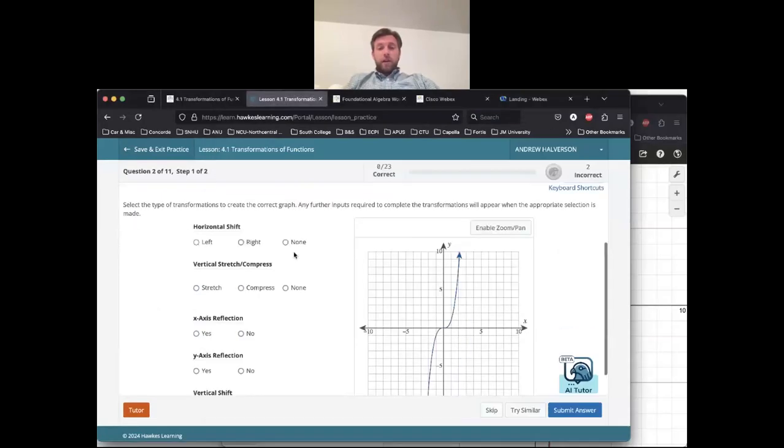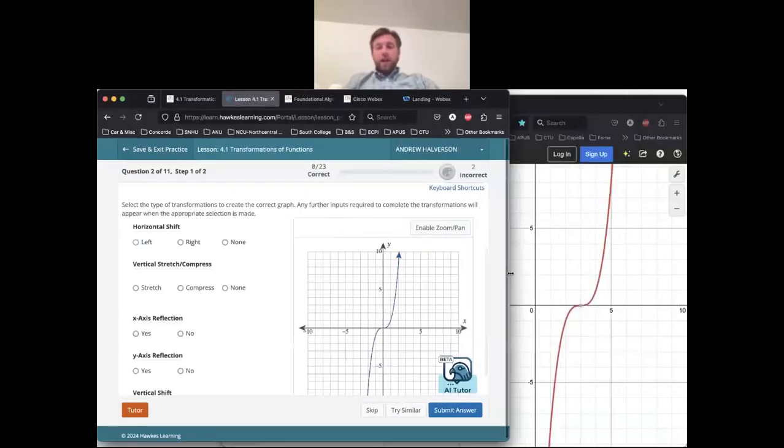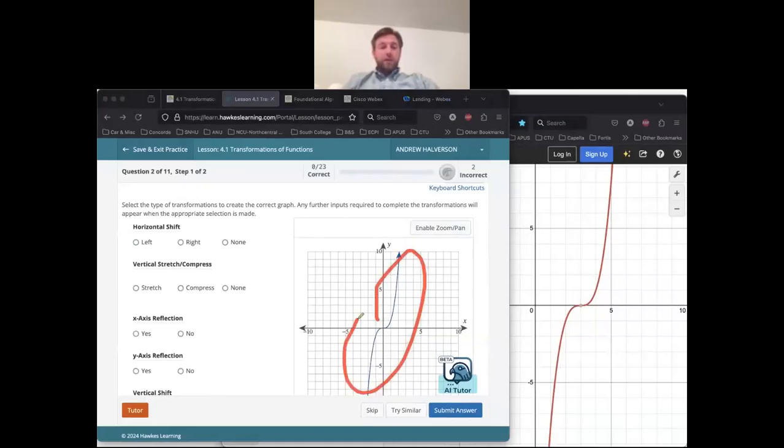And so here we see, and then what you do is you compare it. Over here, this is the base function, f of x cubed. And we see that the defining feature is that it's crossing through the origin. Over here, it's shifted a couple of places. So there's a horizontal shift to the right.